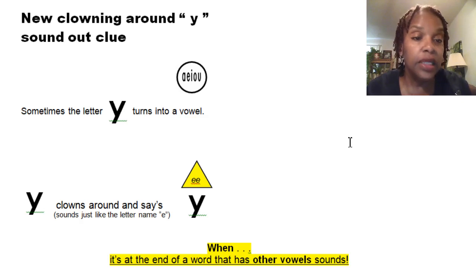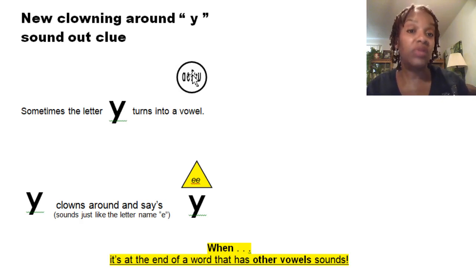But, so, we're going to learn a new sound that the letter Y makes, the cousin Y, right? So sometimes the letter Y turns into a vowel, right? The letter Y becomes like one of the vowels, A, E, I, O, U, becomes the cousin. Now, the letter Y clowns around and says E. It almost sounds like the 2 vowels walking E sounds.